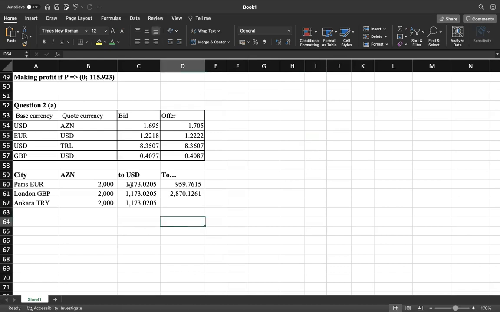Again, I am explaining. Euro and British pound were base currencies. So I want to buy them. Therefore, I divided by their offer rates. But here, I cannot divide by the offer rate because my base currency is USD and the quote currency is Turkish lira.